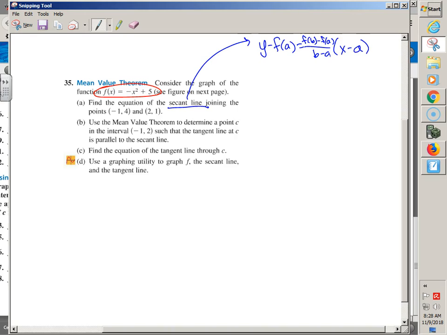So to do the secant line, all we had to do was plug in a point. Which point do you guys like better? Do you want the first one or second one to plug in? Okay.